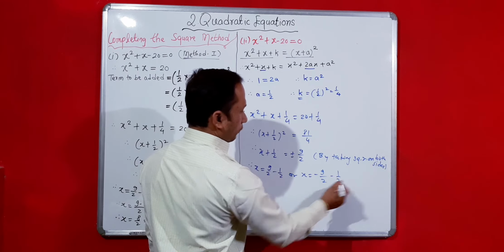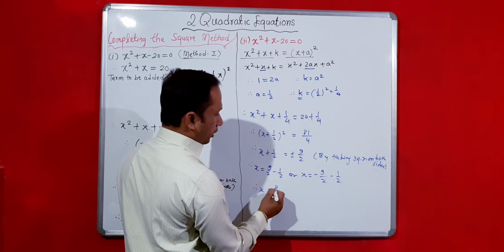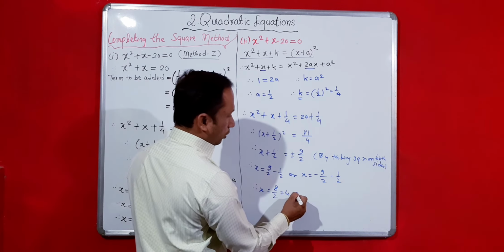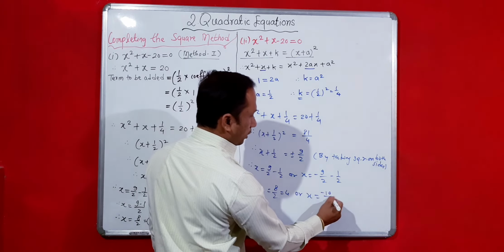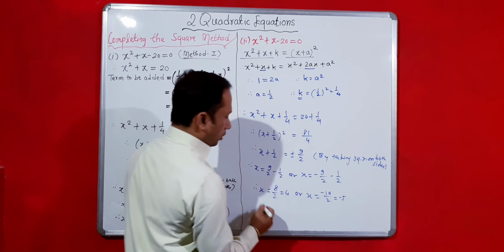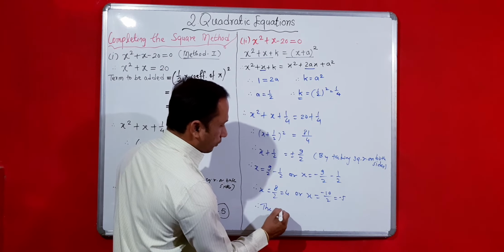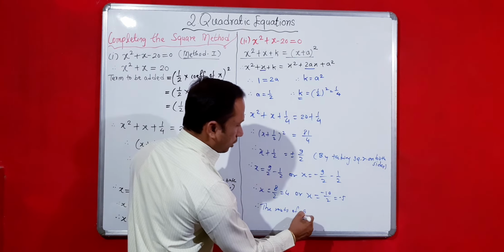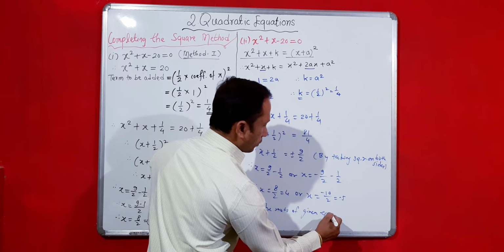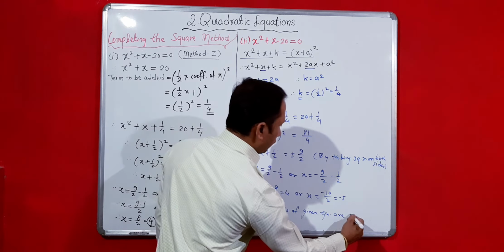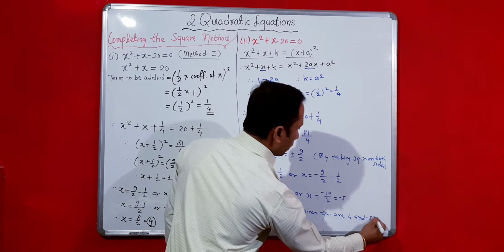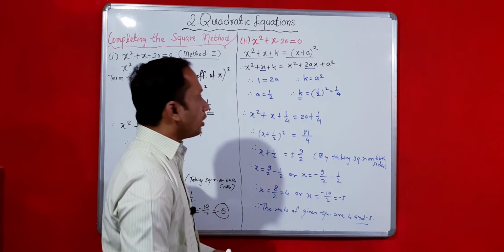So x is equal to 8 upon 2, it is 4, or x is equal to minus 10 upon 2, it is minus 5. Therefore the roots of the given equation are 4 and minus 5. In this way we have to solve this equation.